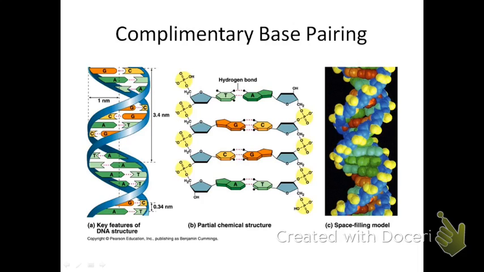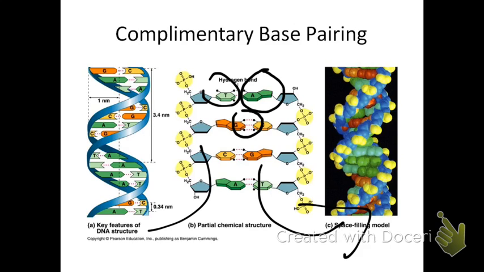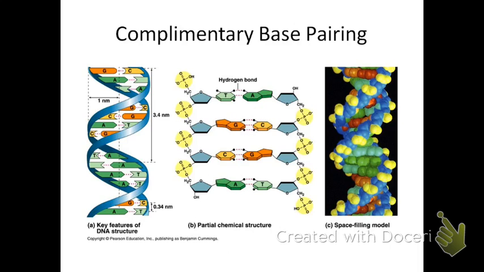If we look at this, we can see that our pyrimidine is paired with our purine. Now, these are held together by hydrogen bonds, which is going to be right in here, which is a very weak bond. This is going to help so that the DNA can separate so that RNA can come in here and receive a copy of the instructions later when needed.